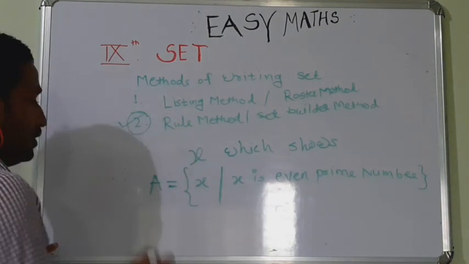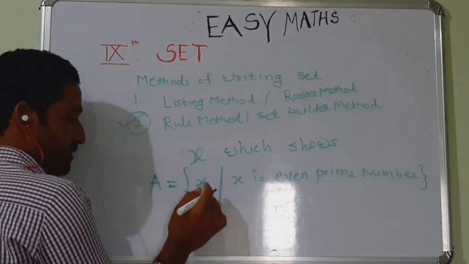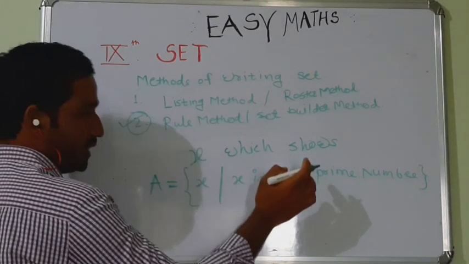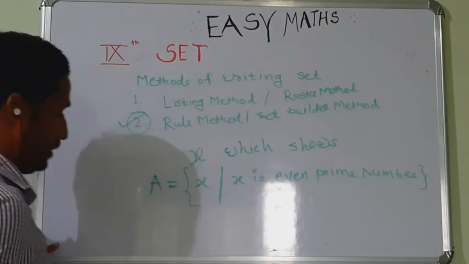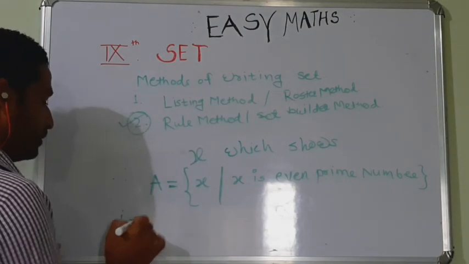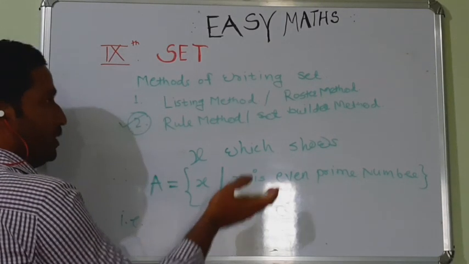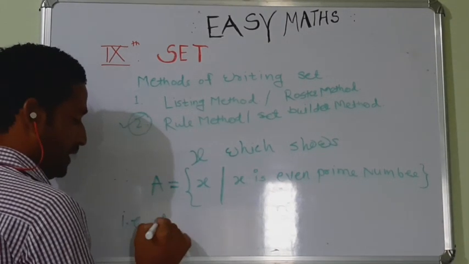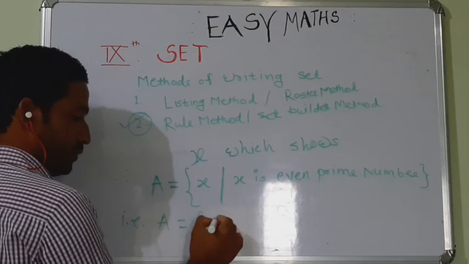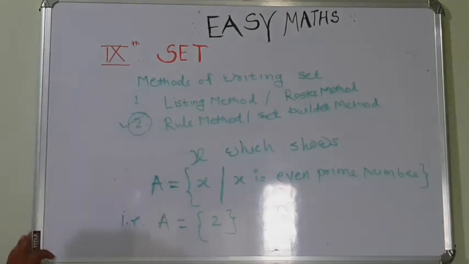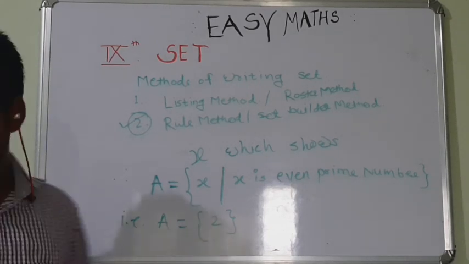Got it? That is, we can write this set in the listing method, set A equal to {2}, because 2 is the even prime number. Got it? Next one.